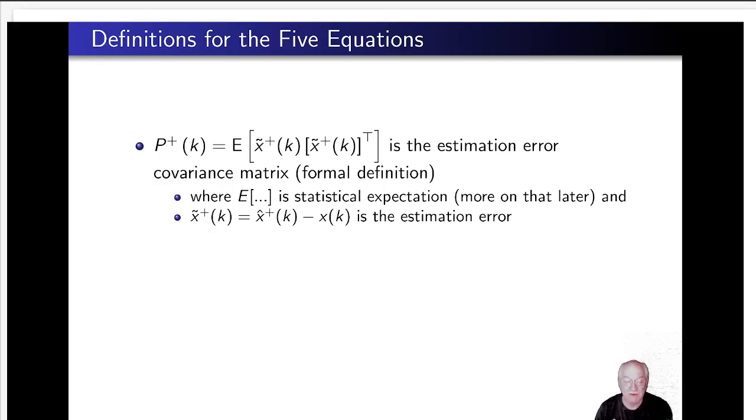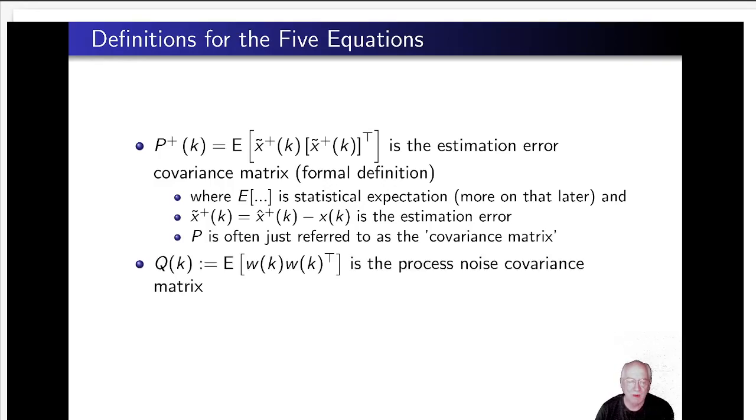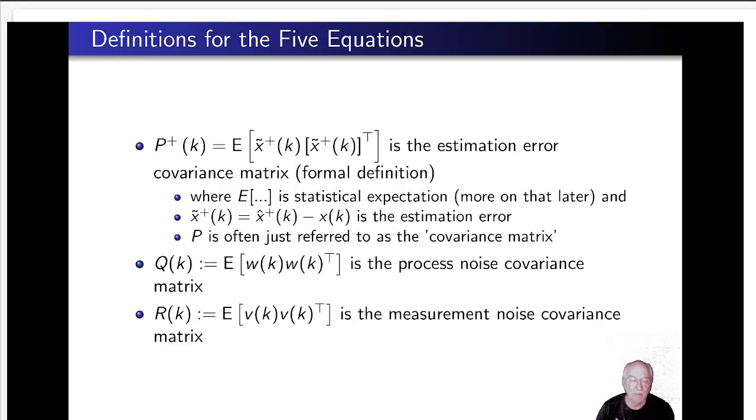As I mentioned, this is the estimation error. And then P, we just call the covariance matrix. And then Q is also defined as an expectation of w, the process noise, times its transpose. So it's, again, the expectation of a vector times its transpose, which is a square, positive definite or positive semi-definite, and symmetric matrix. The R k matrix is also defined the same way. It's the measurement noise covariance matrix.